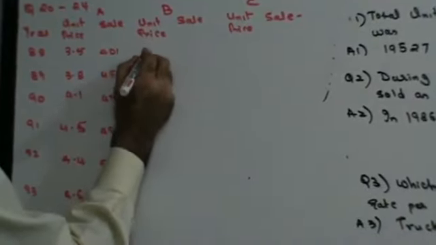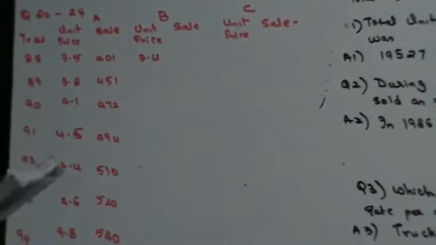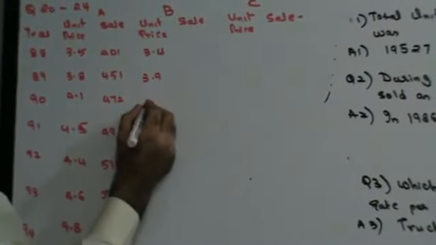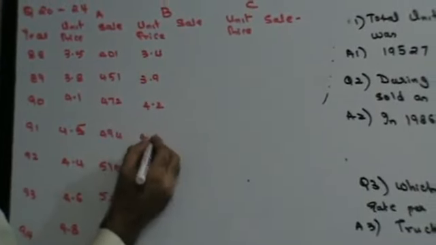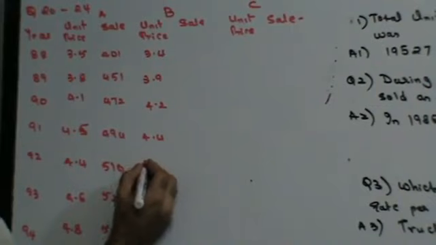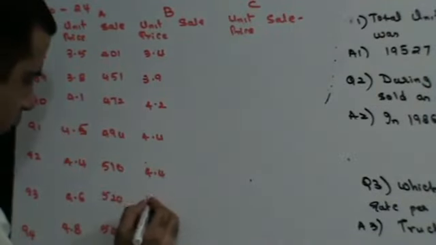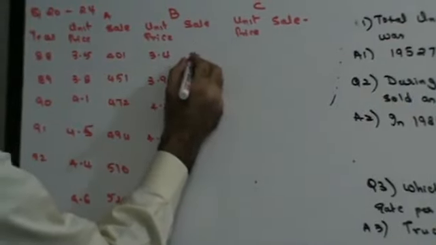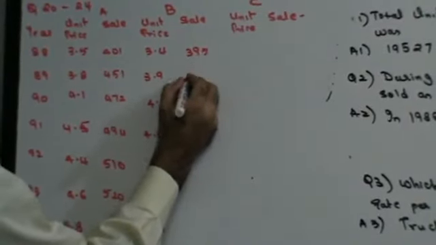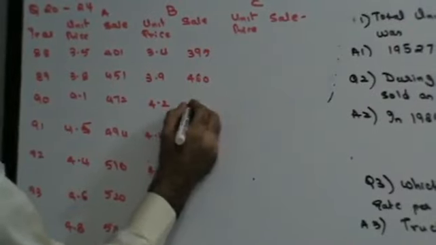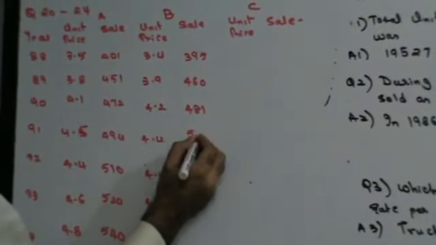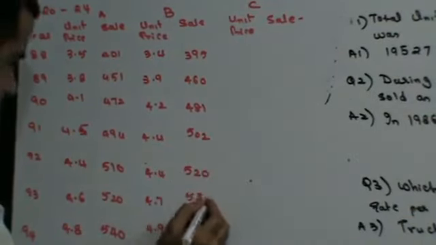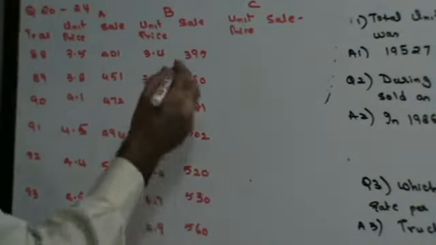For B: unit price 3.4, 3.9, 4.2, 4.4, 4.4, 4.7, 4.9; sales 395, 460, 481, 502, 520, 530, 560.